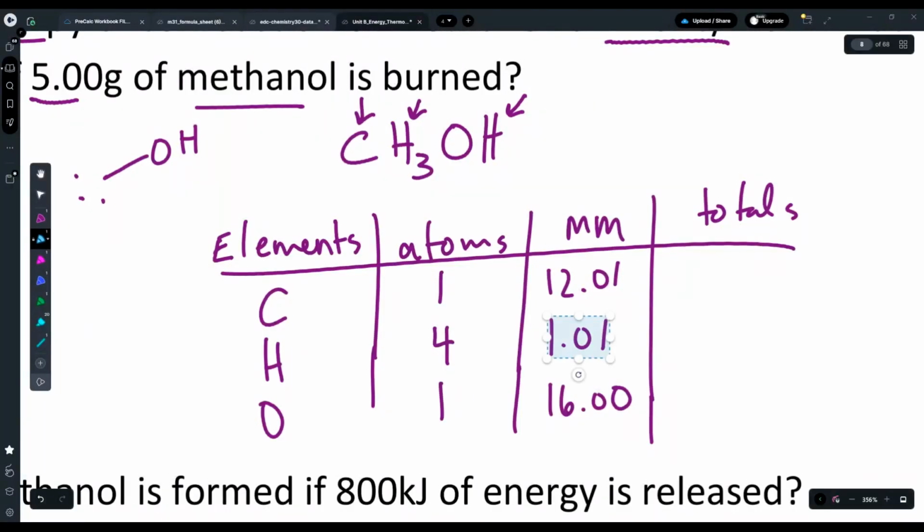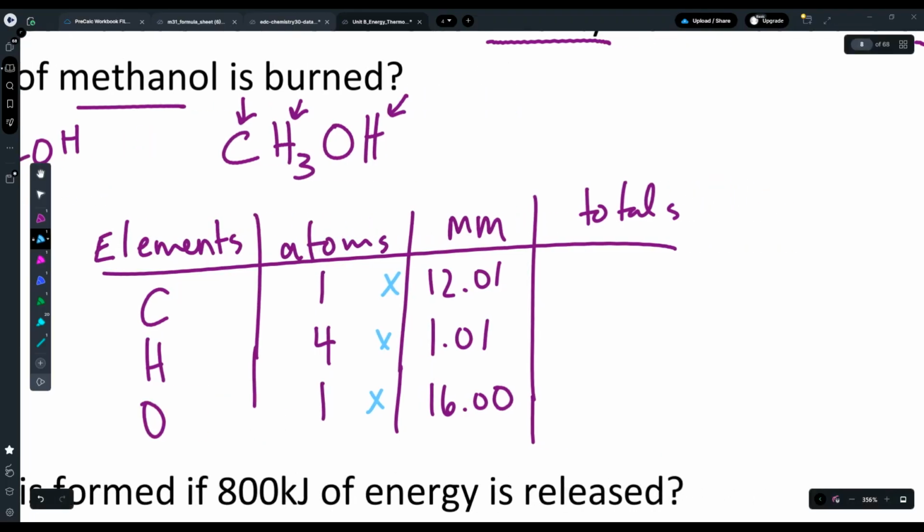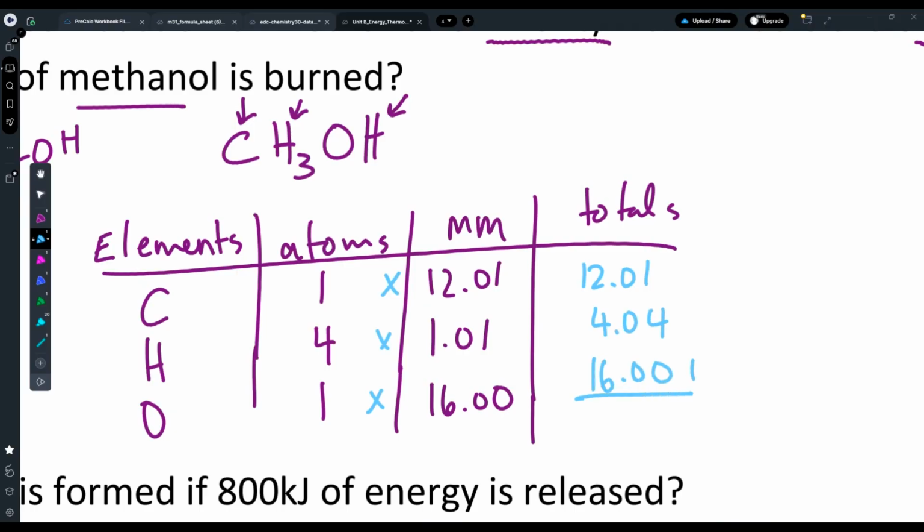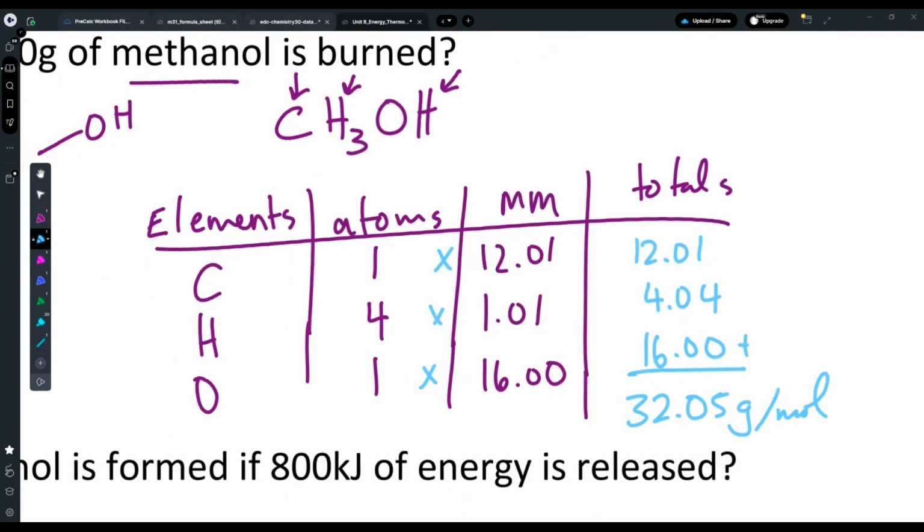So you take how many atoms you have and multiply it by the molar mass to get your total from that particular element in this substance. So 12.01, 4.04, and 16. Then you add those up, and that gives us 32.05 grams per mole.